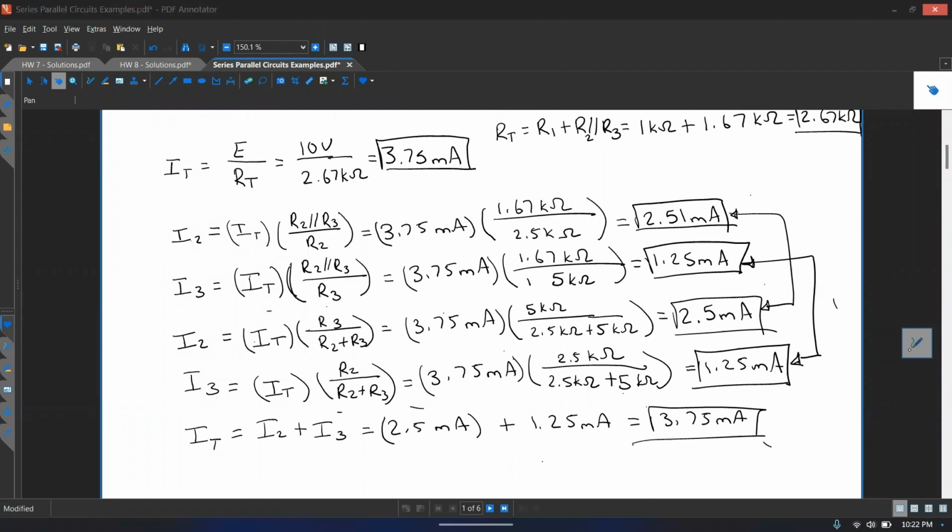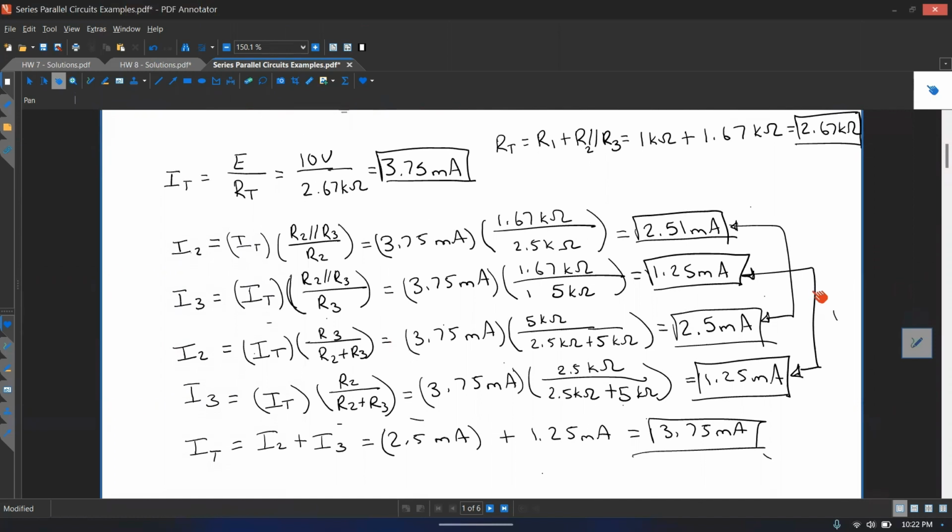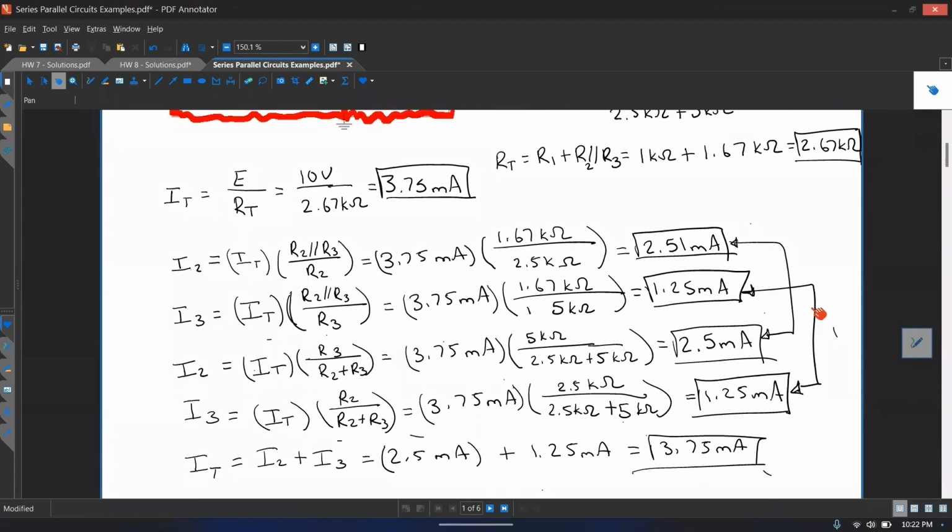So now let me take a step back and clarify some things. So current divider. Thus far we've been taught that what goes into the numerator of a current divider is the total resistance, R total.